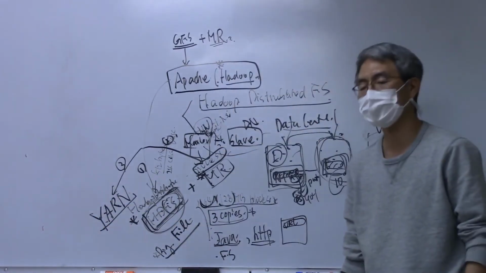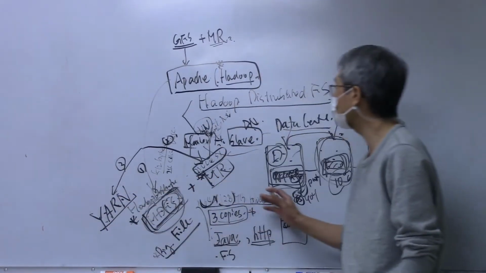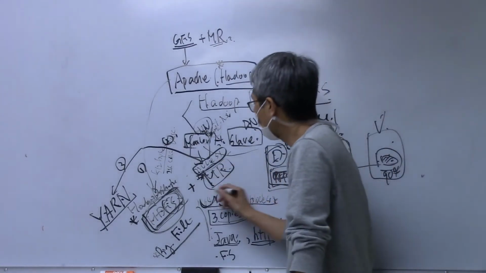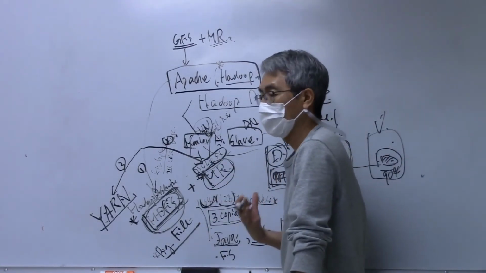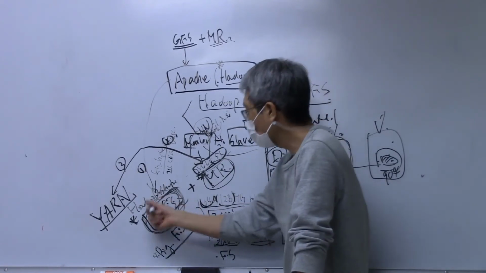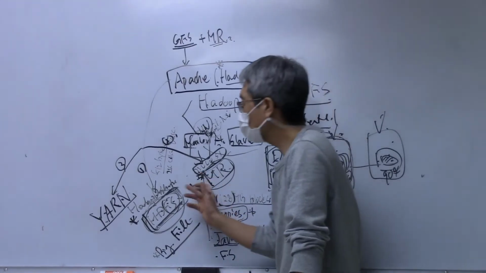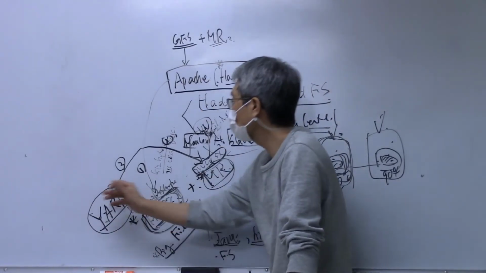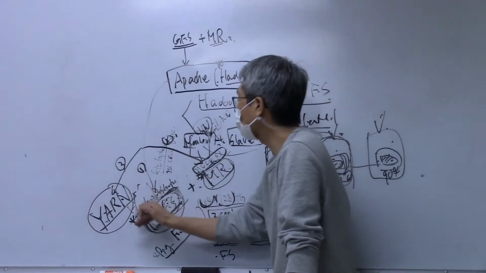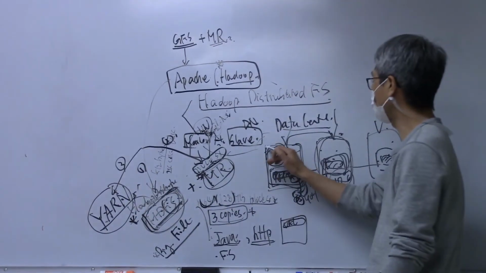So YARN is in charge of the resource management of the entire system. In other words, later when you run the program, I have the MapReduce program running on the HDFS. You can select either YARN or without YARN. Our practice will be without using YARN because we have a pseudo cluster.